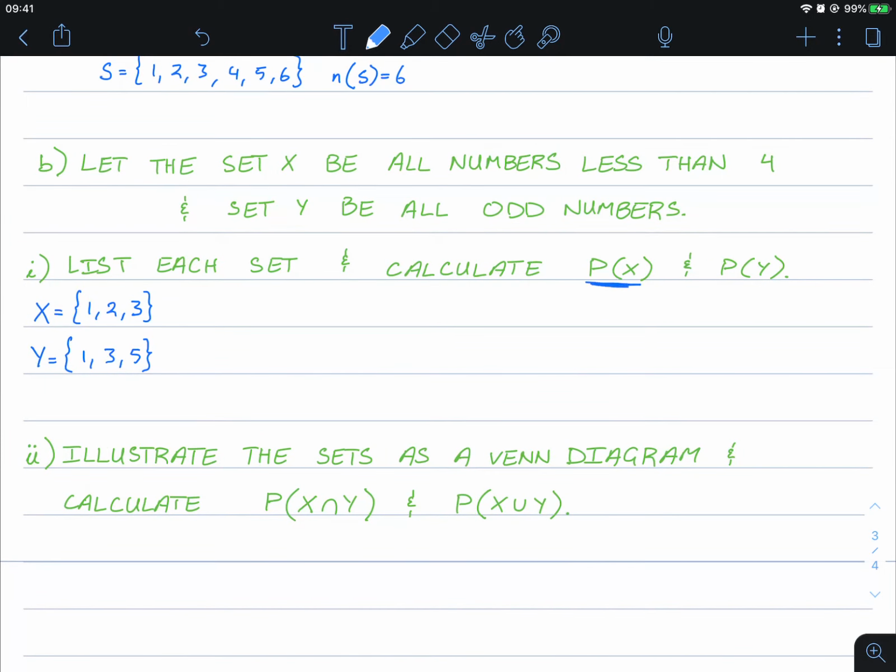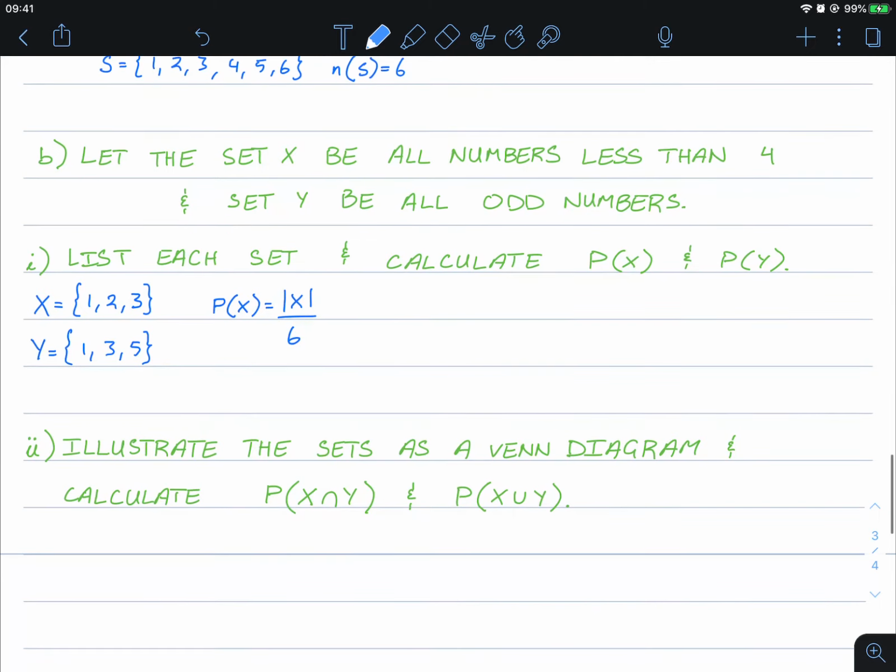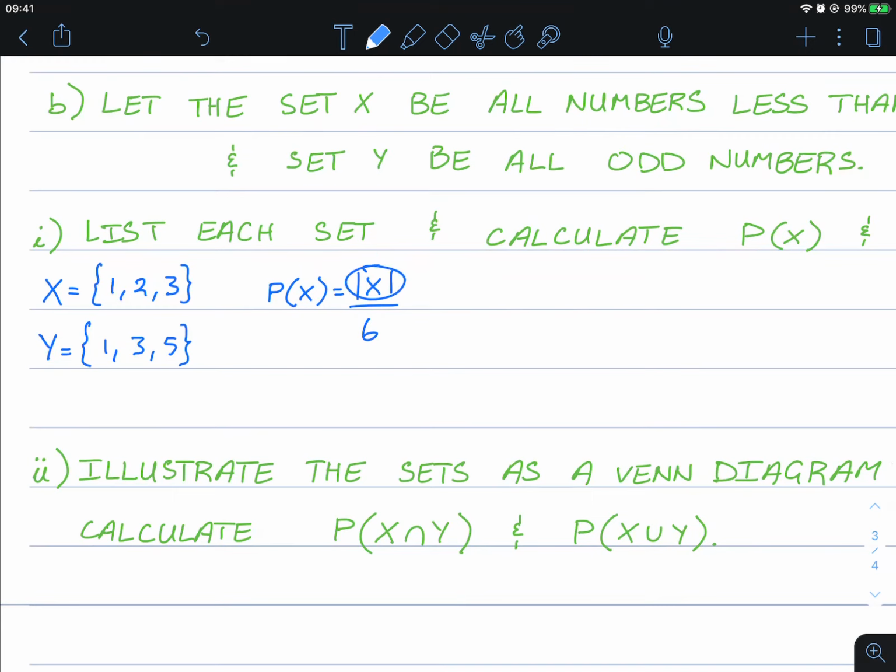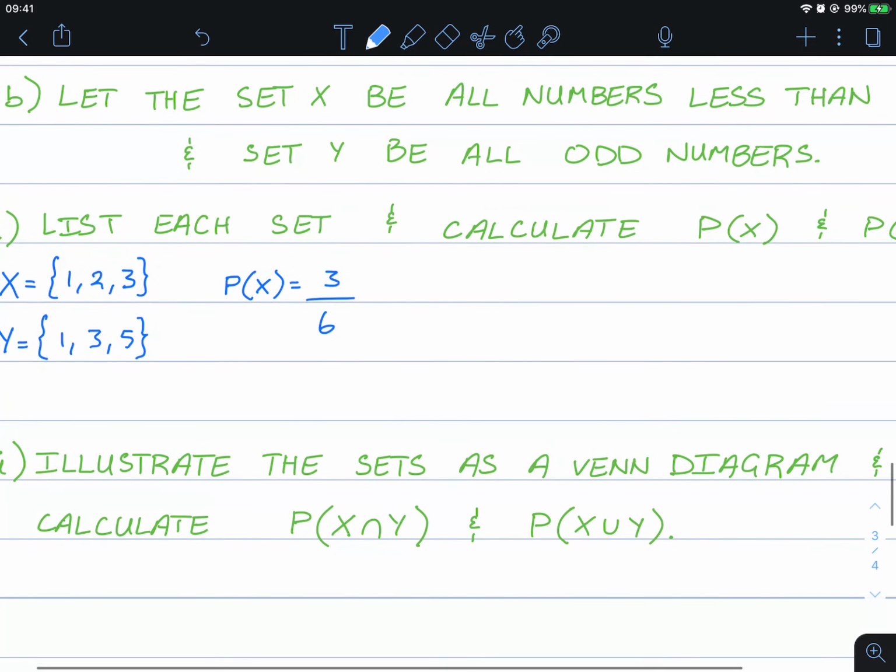So the probability of X is given as the number in X over the total sample space, which is 6. But the number of things in X are 1, 2, and 3. So 3 over 6, which we can simplify to be half.